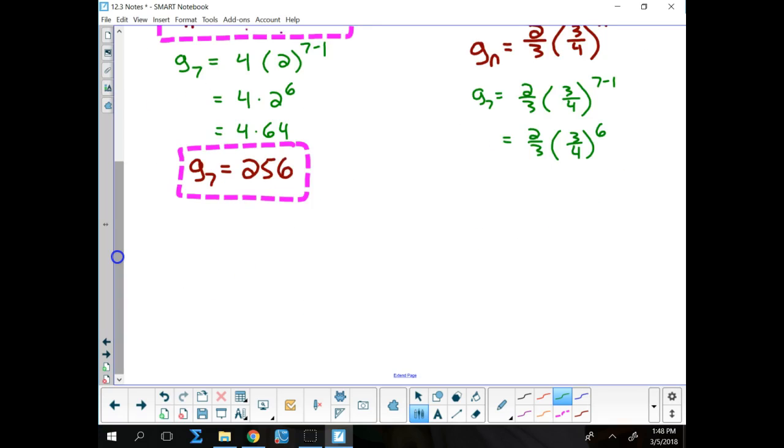Exponent rules tell me that that is 3 to the 6th power over 4 to the 6th power. So this is 2/3 times 729 over 4096. 3 to the 6th power is 729. 4 to the 6th power is 4096.